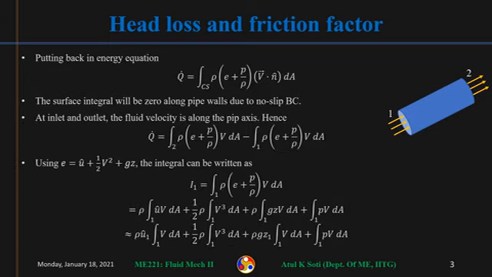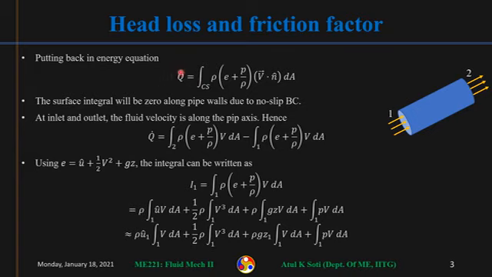Now we have calculated all the components of the work done by the control volume, so we can put that back into the energy equation. So what we saw was only pressure work was surviving, the shaft work and viscous work was 0. So what we do is we take the pressure work to the right hand side of the energy equation.